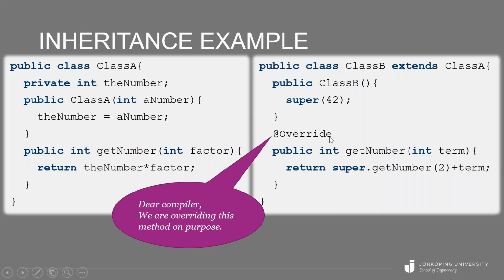But by adding the Override annotation here, we tell the compiler that we are overriding this specific method on purpose. Then if we add a method here that by accident has the same name as over here, the compiler will give us a warning that there exists a method in the superclass with the same name that you're overriding. But here we simply tell the compiler that we override it on purpose.